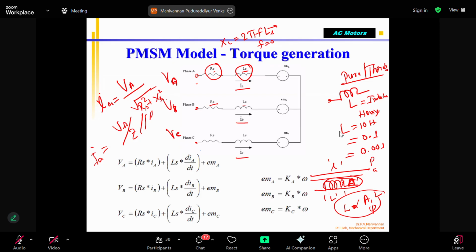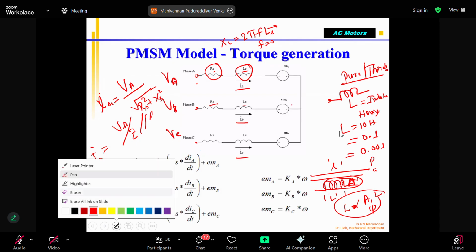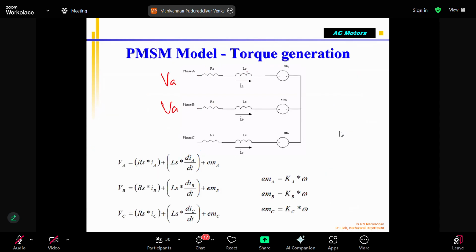Because you supplied the 3-phase coil with 3 voltages, there are 3 currents. Because of that, a magnetic flux is created, which we already call MMF.